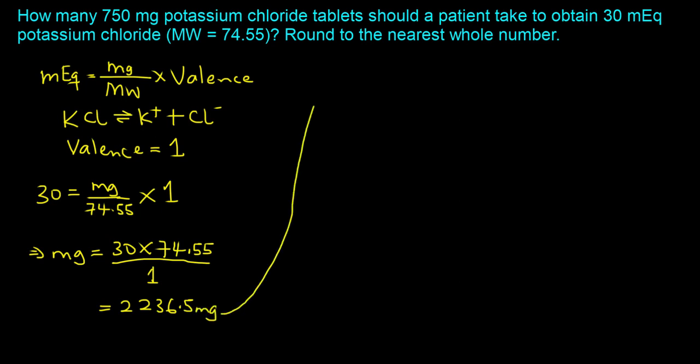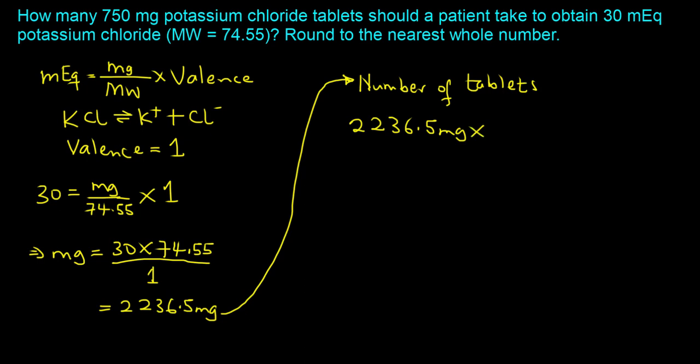So we can now proceed to determine the number of tablets that the patient needs to take. So for number of tablets, what we want to do is to take the 2236.5 milligrams, and from the question, each tablet contains 750 milligrams of potassium chloride.